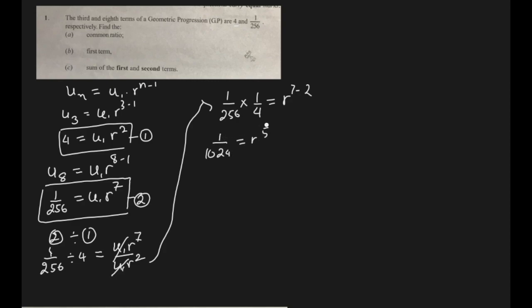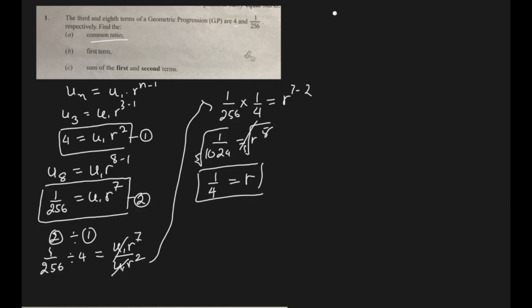Now we have to find the fifth root of both sides to get r. The fifth root of 1024 will be 4, so it will be 1 over 4, equal to r. The fifth root and the power 5 cancel, r equals 1 over 4. This is the common ratio that was being asked in part A.